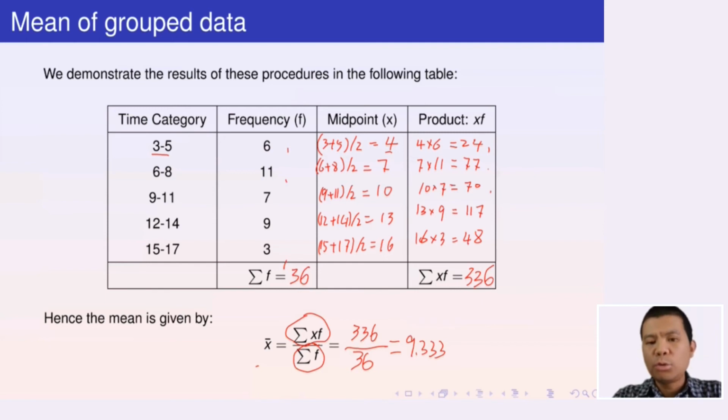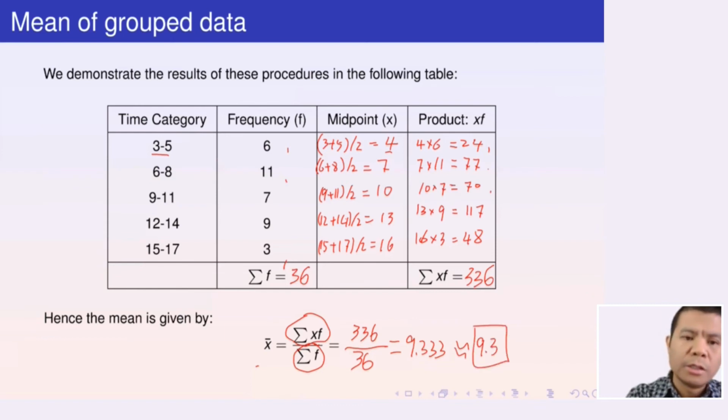Now we want to round this to one more decimal place than the class limits.